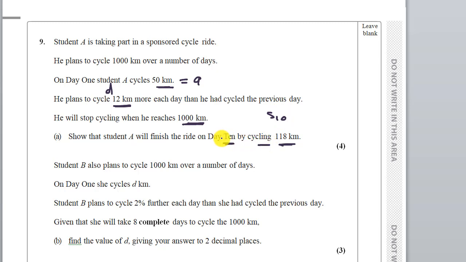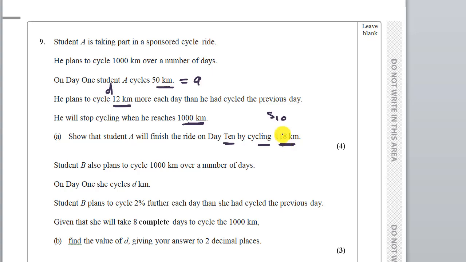At the same time, he needs to prove that on this day he will cycle 118 kilometers. So first, he finished on day 10. Second, on day 10, he will cycle 118 kilometers.